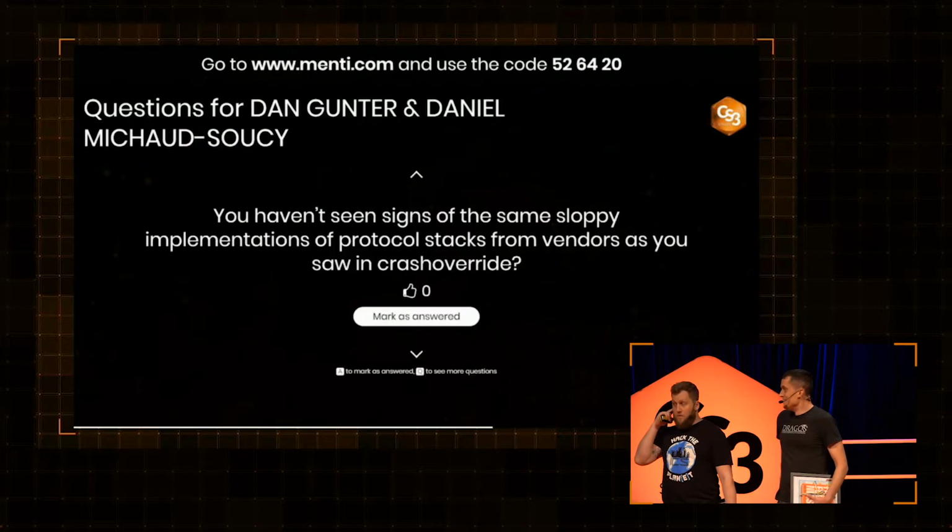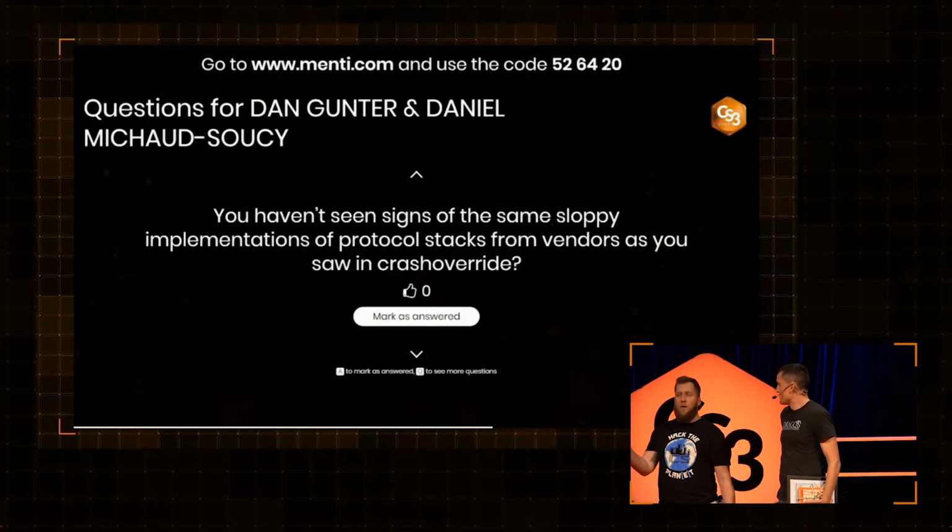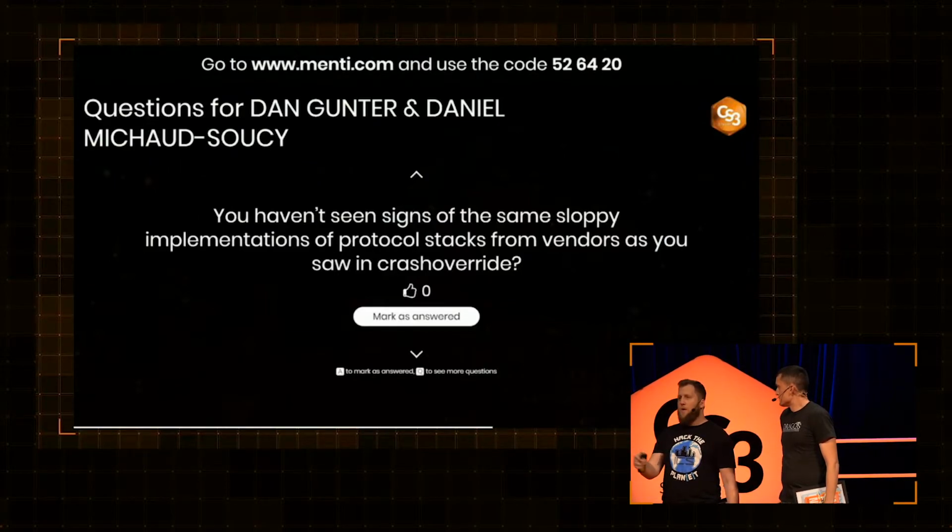I think it was more of a general question. If you have looked at stuff that is directly from the vendor, wouldn't you be able to see some of these state violations anyway? Definitely. If you profile the number of state violations over time for a specific vendor's implementation, certainly it will be a higher number of state violations over time than someone who implements the protocol carefully.